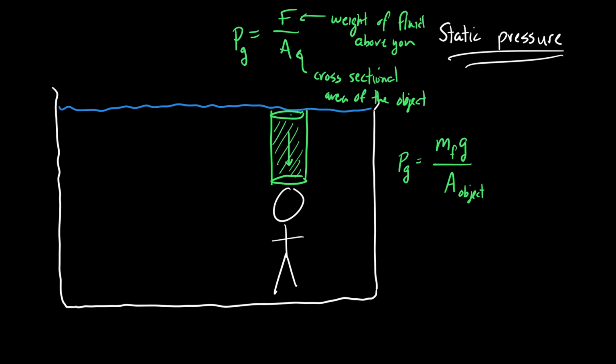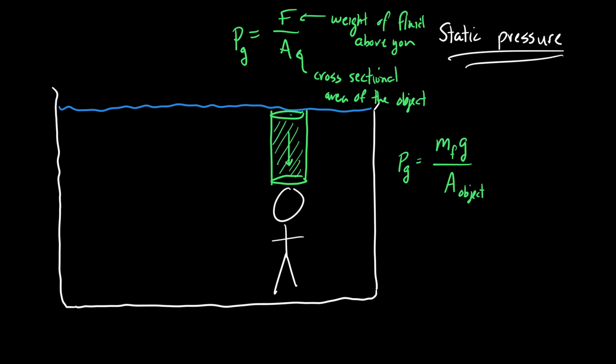But just like we did the other day, the mass of the fluid will depend on the density of the fluid, right? A denser fluid would have more mass than a less dense fluid. So I'd really like to express this in terms of those properties, because a lot of stuff that has to do with fluid dynamics is based on density.